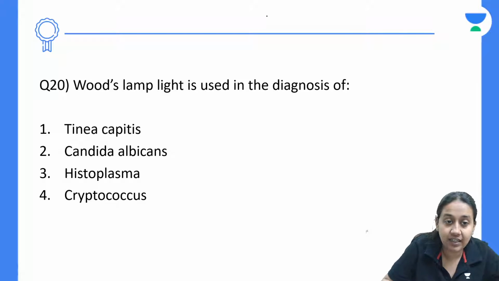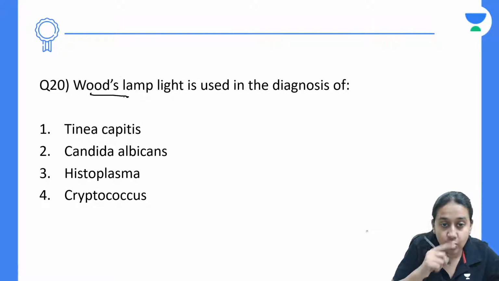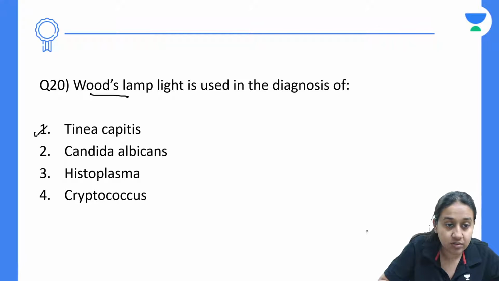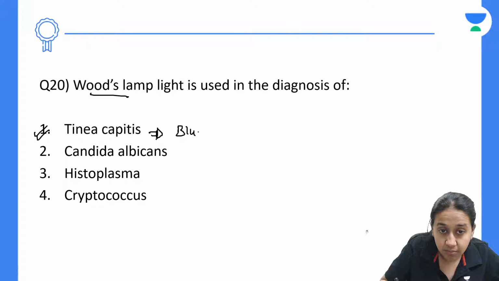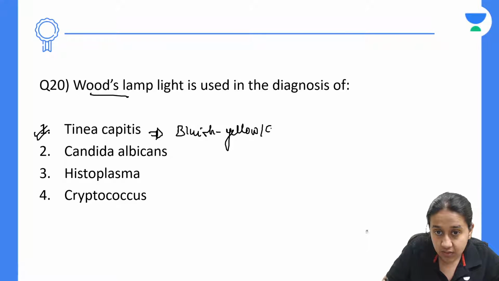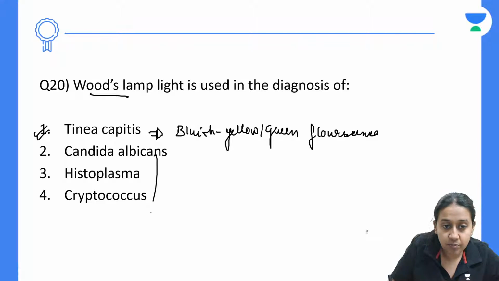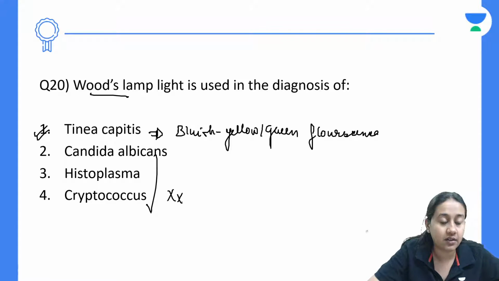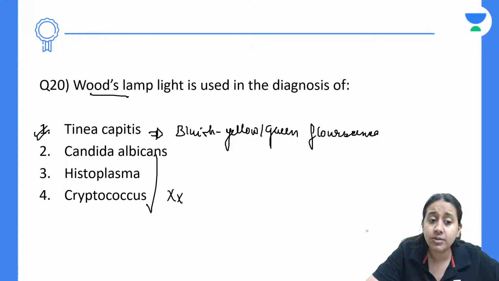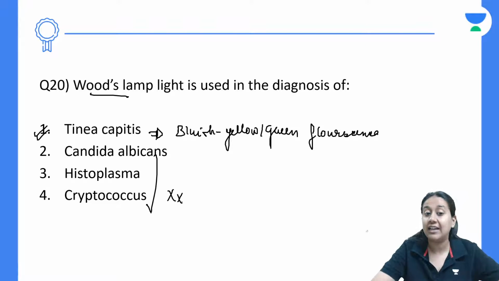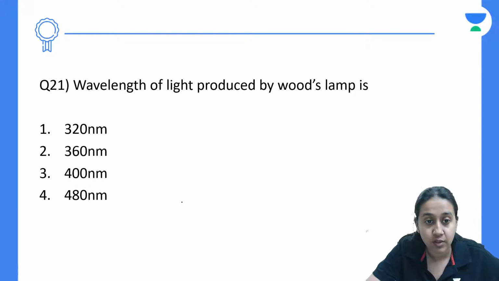The Wood's lamp light, which is based on the principle of fluorescence, helps us diagnose tinea capitis, where we see a very characteristic bluish green or bluish yellow fluorescence. It is not positive in any other fungus, but it is positive with tinea capitis because the most common species of tinea capitis, that is microsporum, shows the property of fluorescence.